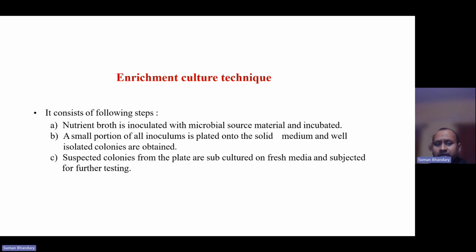A small portion of the inoculum is then plated on a solid culture medium and well isolated colonies are obtained. Now, suspected colonies from the agar plate are then subcultured on fresh culture medium and subjected to further screening. So this particular technique is known as enrichment culture technique.